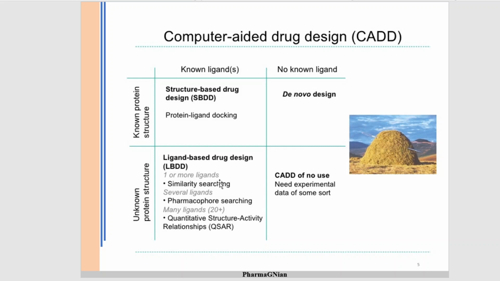Here QSAR and pharmacophore modeling are the most important tools used in this technique, and they provide predictive models for lead identification and optimization.